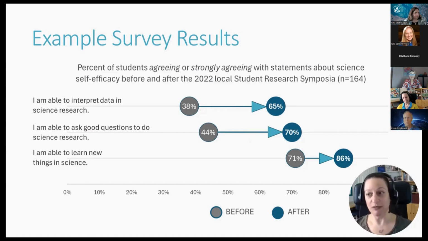Although agreement with the statement, "I am able to learn new things in science," did not increase as much, it also started higher. The N equals 164 in the chart title means that 164 students were included in the analysis. There may have been more that participated in the activity, but we had data for these items for 164 students.